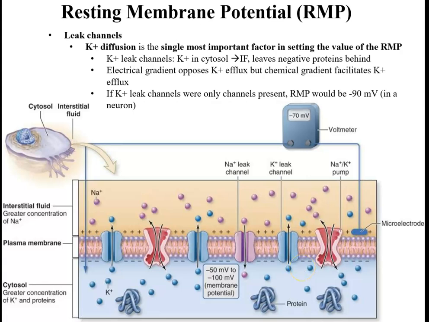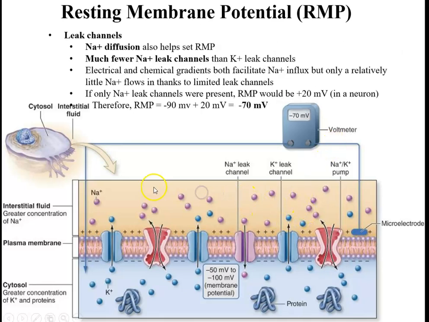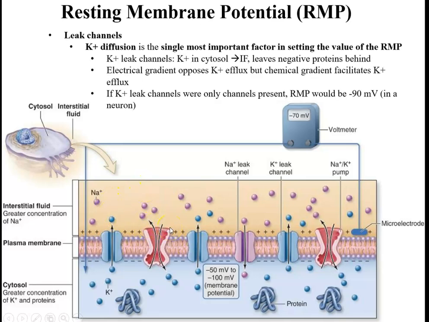The electrical gradient opposes the potassium efflux, but the chemical gradient facilitates potassium efflux. What does that mean? Well, that means that the electrical gradient, which you can see here, there are a lot of positively charged ions on the outside of the cell, and that would oppose a positively charged ion like potassium from leaving the cell.